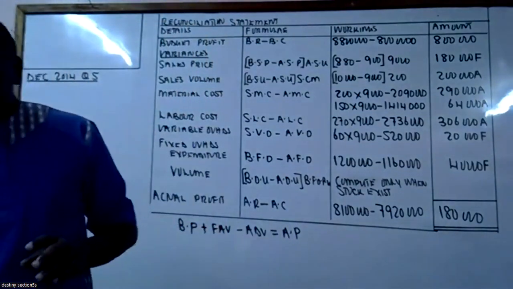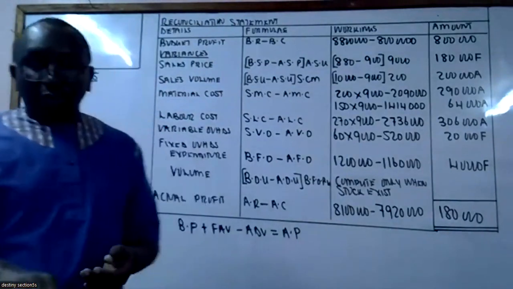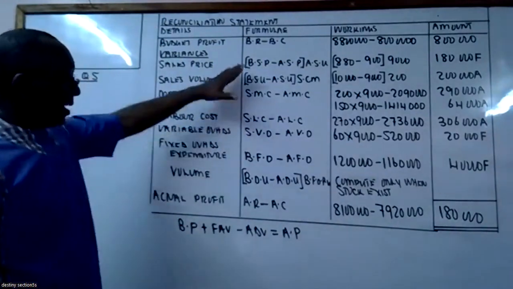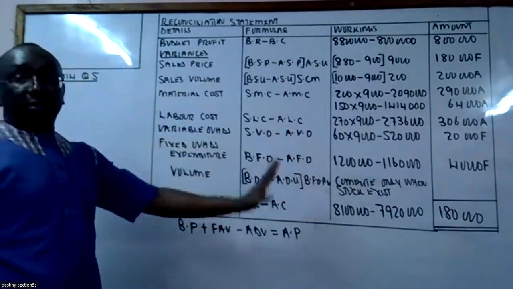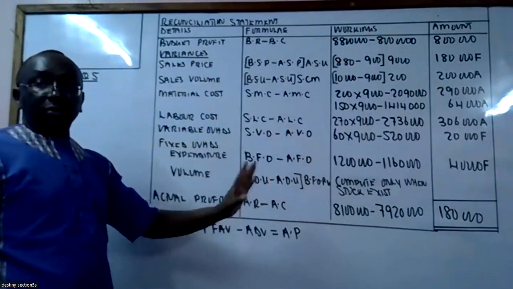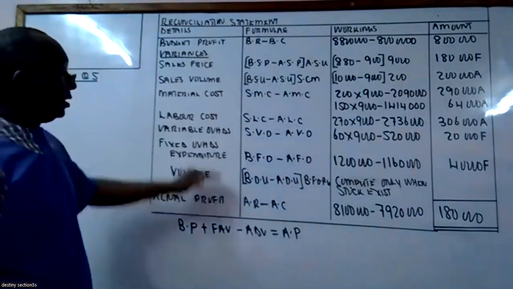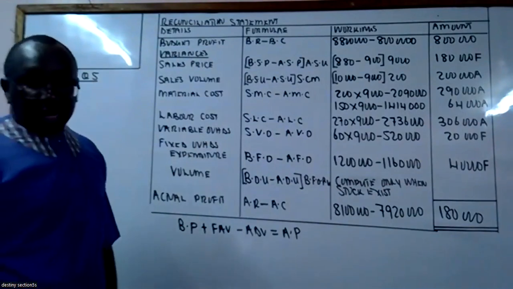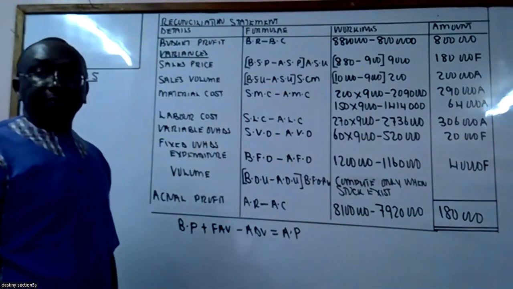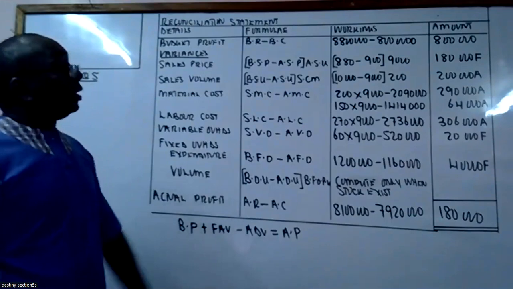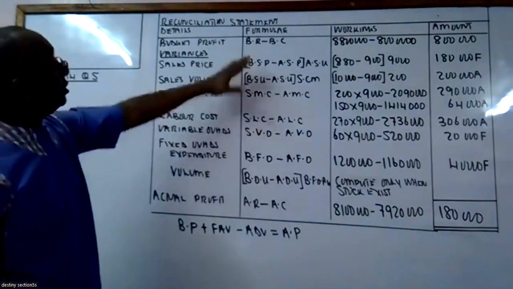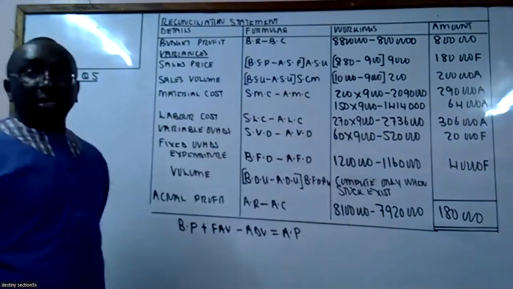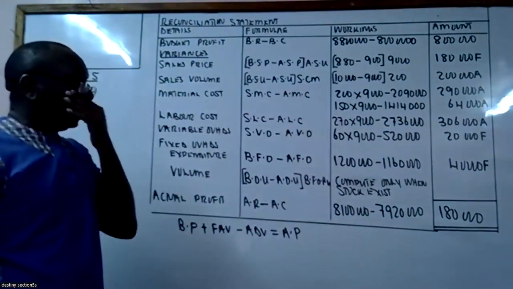What I would like you to do is this. Just get this format the way it is. Anytime you see a question on reconciliation, this is the way it should be. And this is what the examiner looks for for the candidate to get the 20 marks. All these variances we have computed, so we don't need to go back.